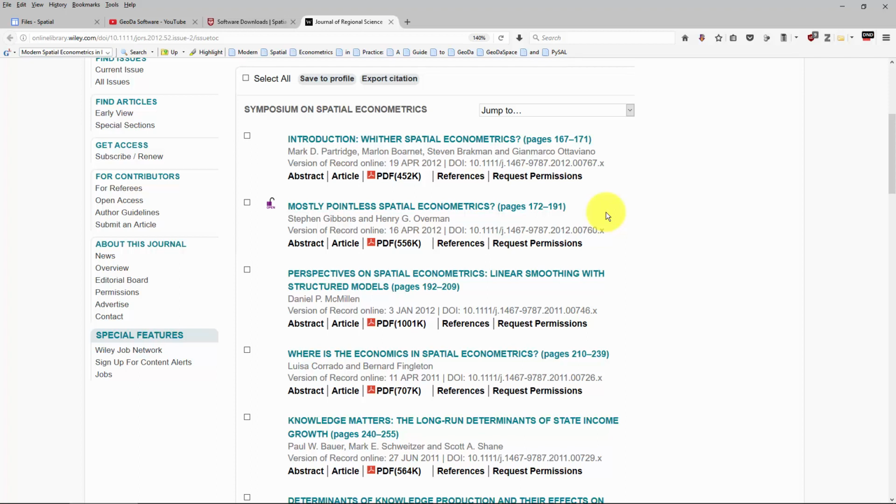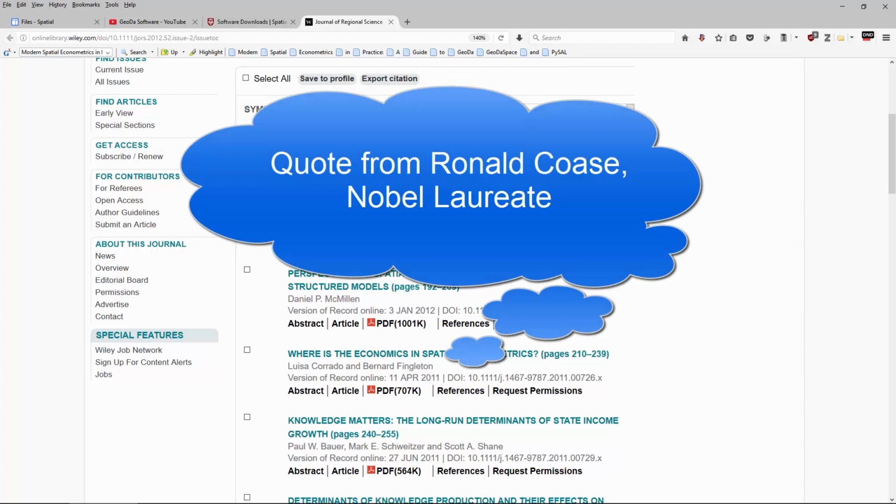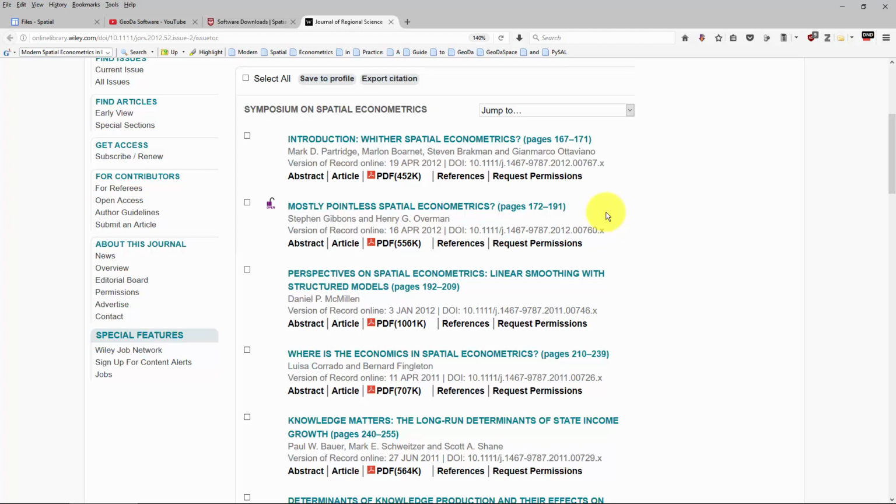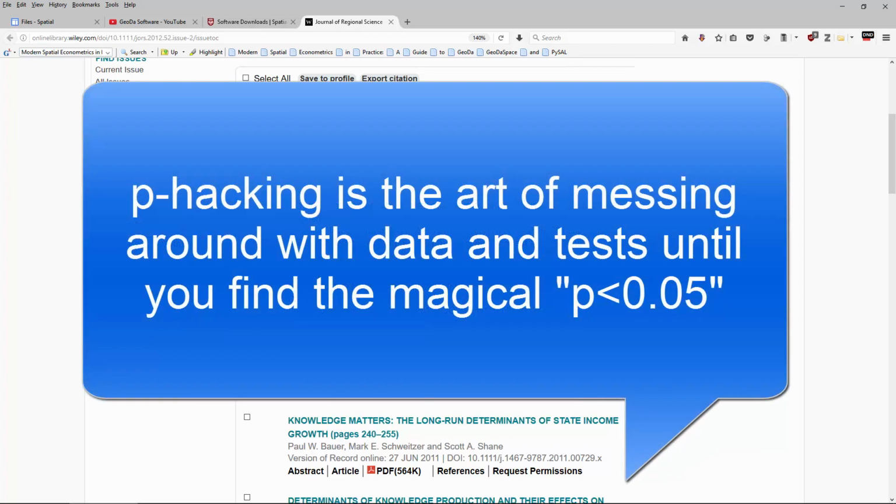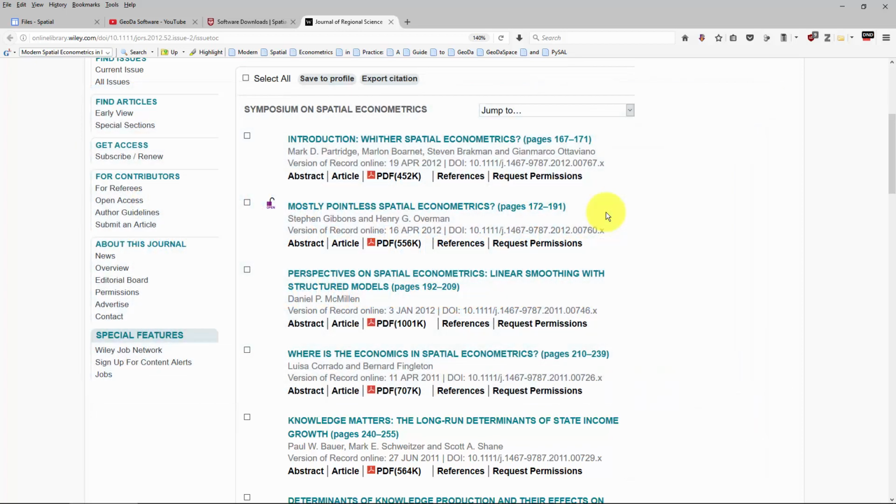Other criticisms that I've heard are that it's another degree of freedom in trying to construct a model. You keep playing around with things. You know, if you torture the data long enough, nature will confess. So if you have not only functional forms to choose and variables to choose, when it comes to p-hacking, now you have all these different ways you can construct weights matrices and all these different ways you can assume that neighbors are related to each other.